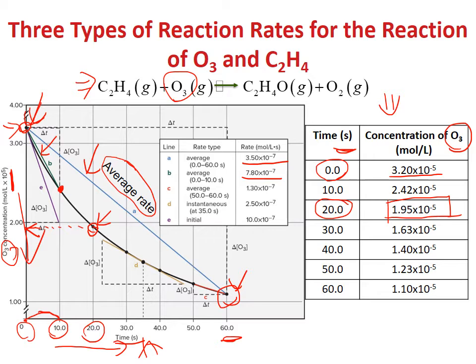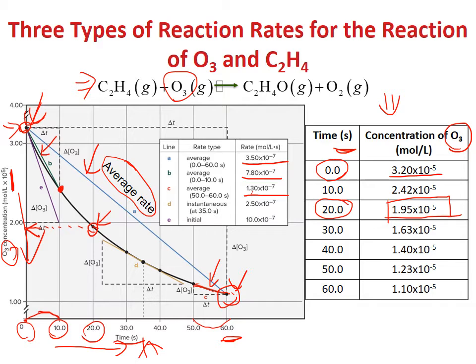And we can similarly calculate the average rate for the last 10 seconds, from 50 to 60 seconds. We draw the straight line through the 2 points, and the slope is 1.3 times 10 to the minus 7. So these are all average rates at different ranges.